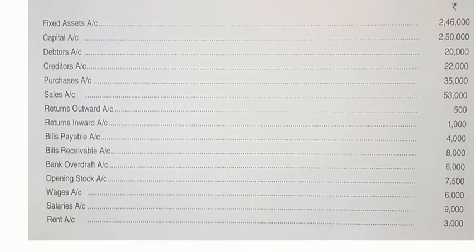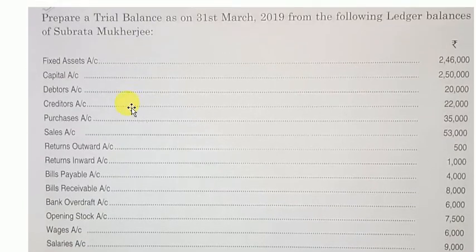The next is the ledger account of capital, which is known as the capital account, with a balance of 2,50,000, followed by debtors. Debtors is showing a balance of 20,000. So I explained these three: fixed assets, capital and debtors carrying their ledger account balances.